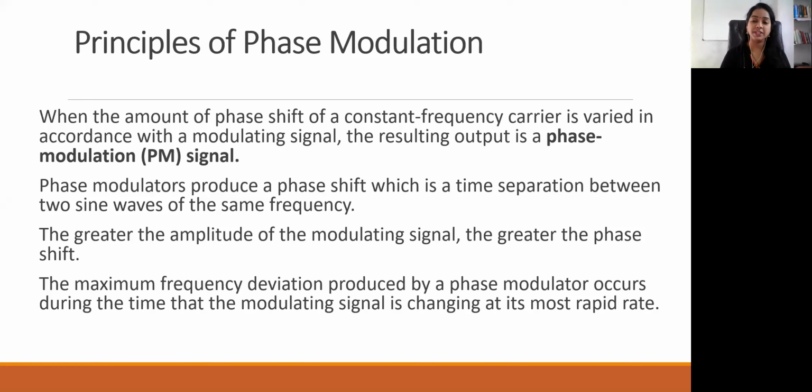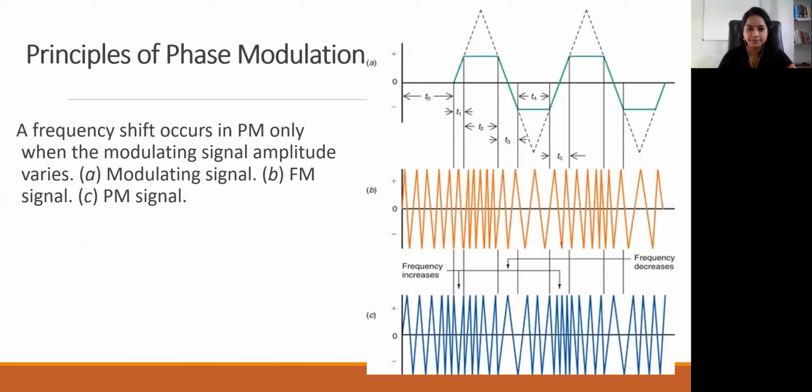We are changing the phase of the carrier in accordance with the incoming amplitude of the modulating signal, and what we get as output is called the modulated signal.